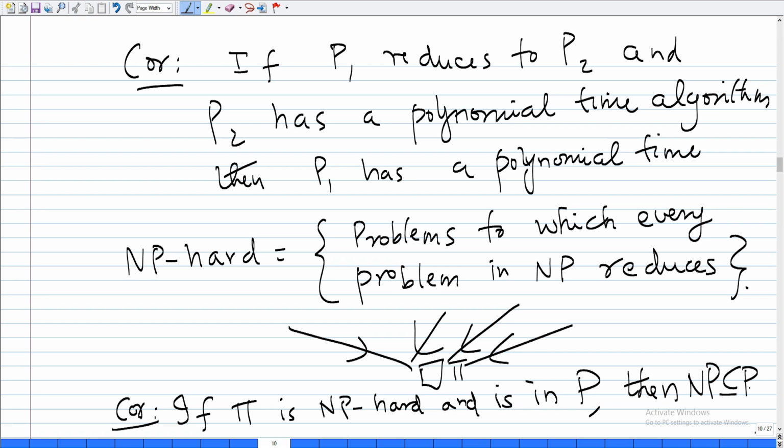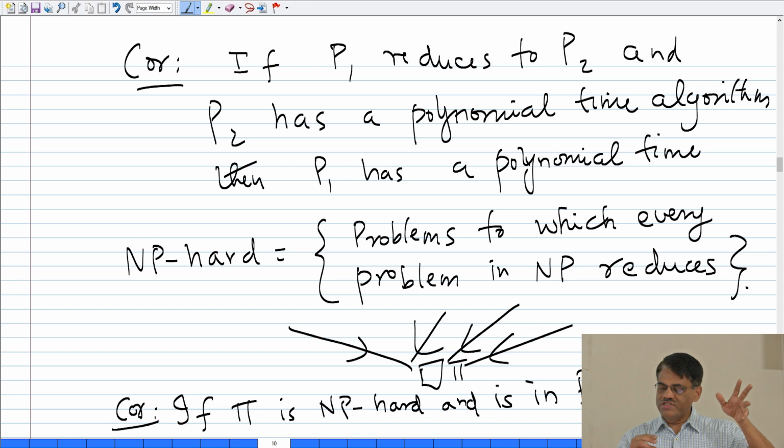Because of this corollary, if pi is NP hard, every problem in NP reduces to this, but if this has a polynomial time algorithm, then every problem in NP will have a polynomial time algorithm. That is what this corollary said. If there is such a problem at all, we haven't still shown that there is such a hard problem.